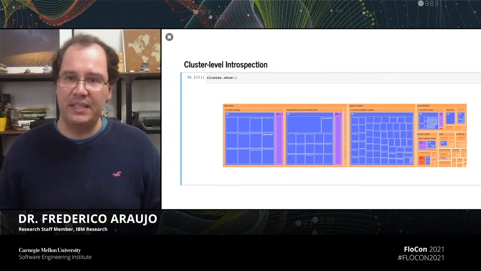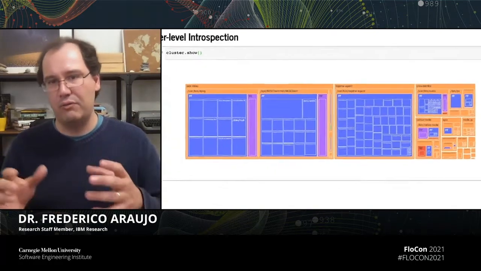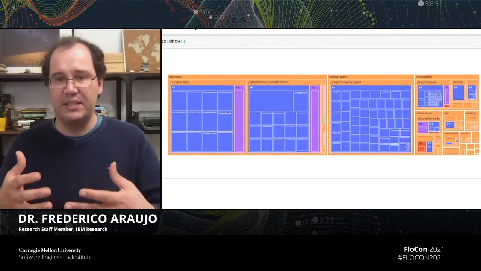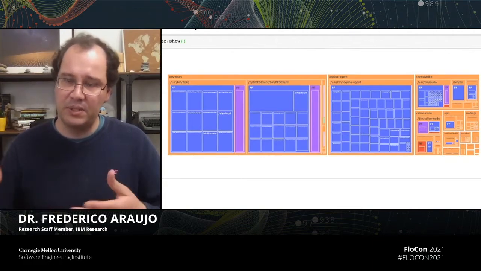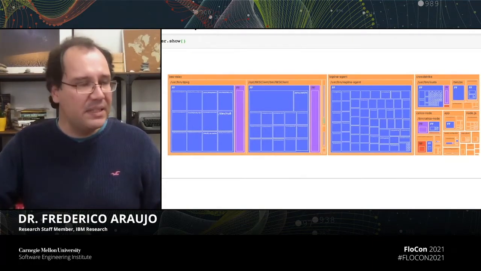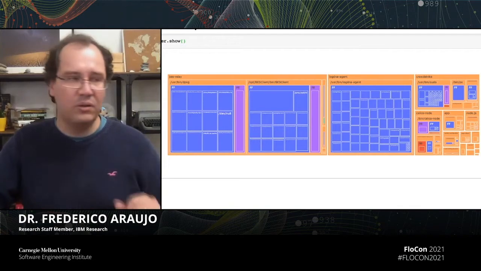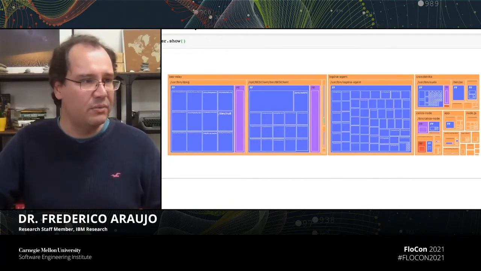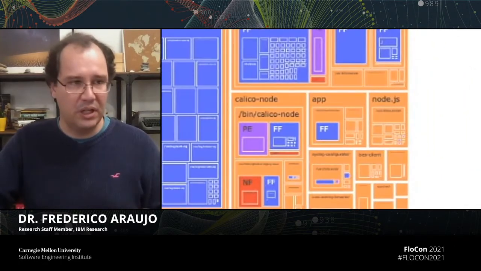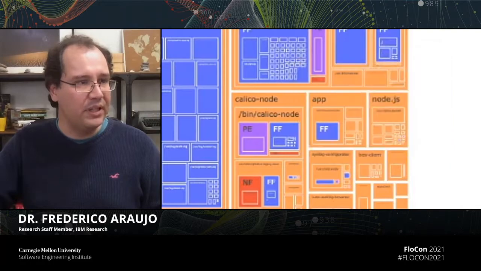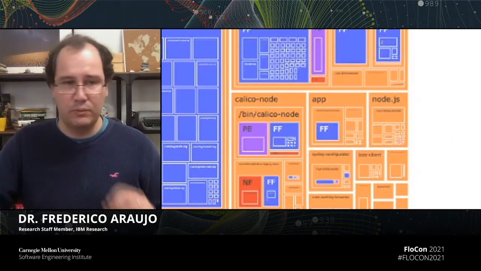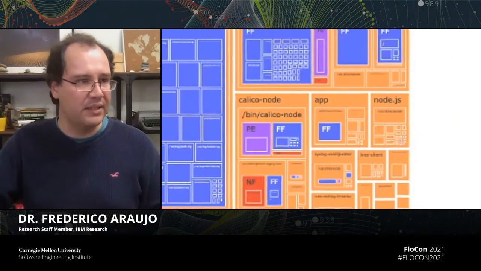And here you can see in the different colors, you have file system activity, network activity, also process activity. And specifically, apart from all the infrastructure containers of these Kubernetes clusters, you have two user workloads that are deployed here. One is the app container, and the other one is the Node.js container, which we're going to be talking a little bit about in the next example.